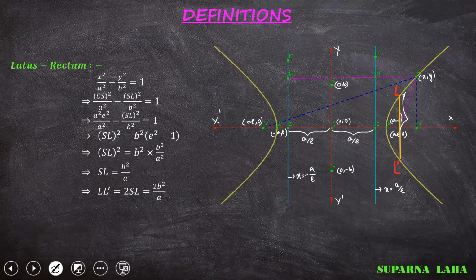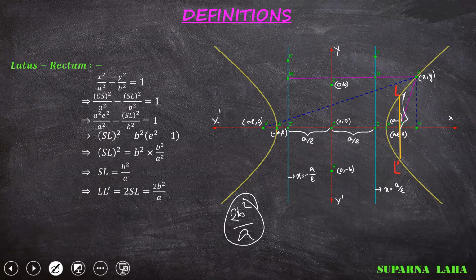So the length of this latus rectum is 2b square by a, same as the ellipse. So there are lots of similarities between hyperbola and ellipse, so don't confuse between them. Just be careful when you are gathering information from the equation.